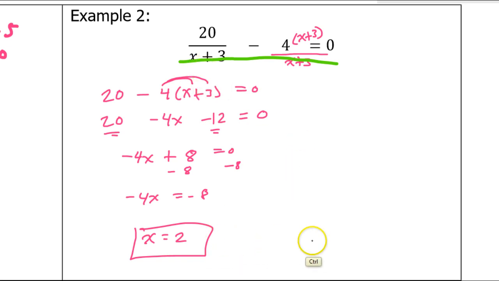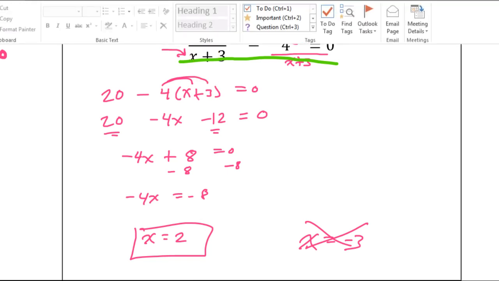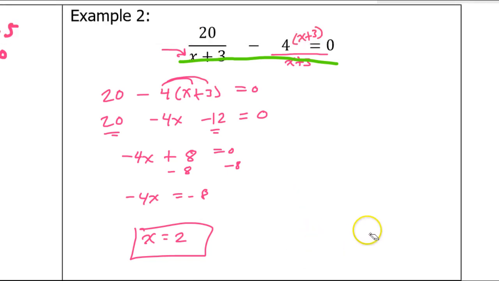For example, if I got x equals -3 for my answer, can you look back at the original equation and tell me why this would not be allowed? Yeah, that would cause 0 right here if x were -3. So always just look back and make sure that whatever solution you have doesn't cause any issues like that. It didn't happen on this problem, but sometimes it does.